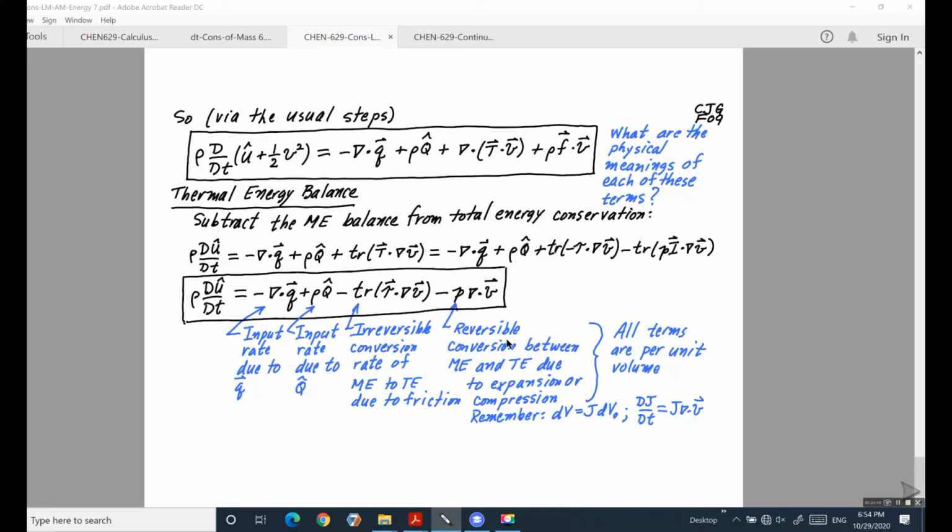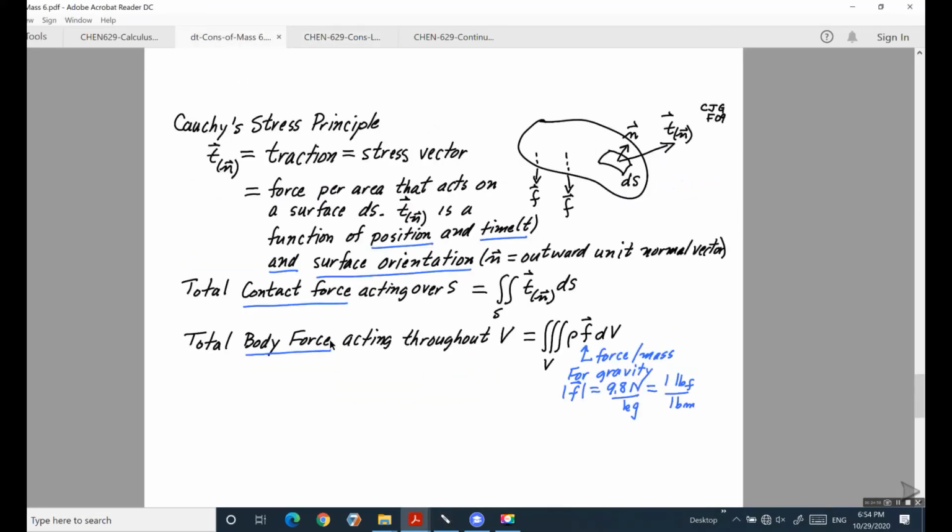So far, finally we obtain all the conservation equations.